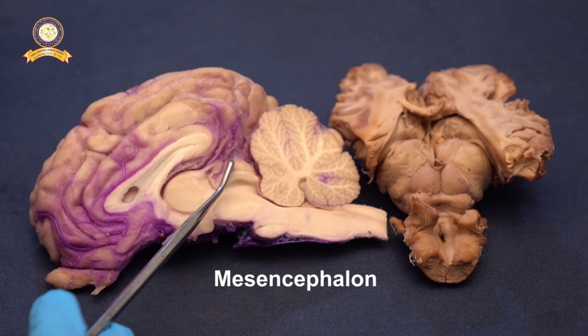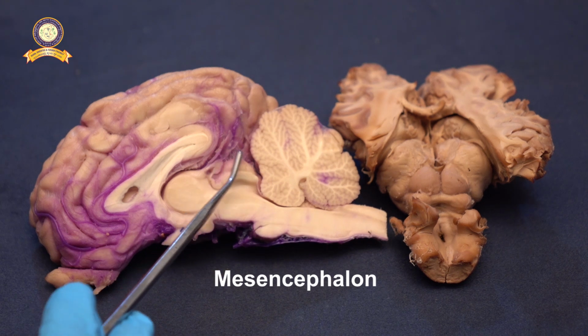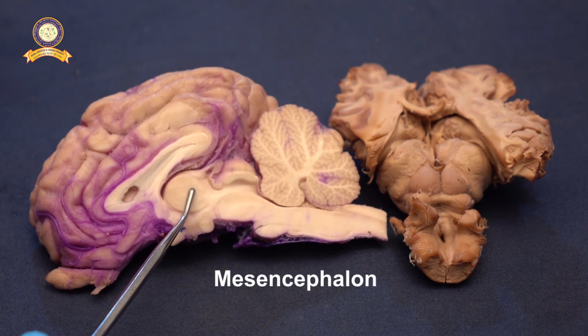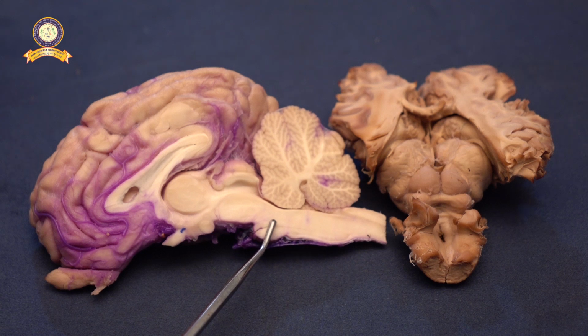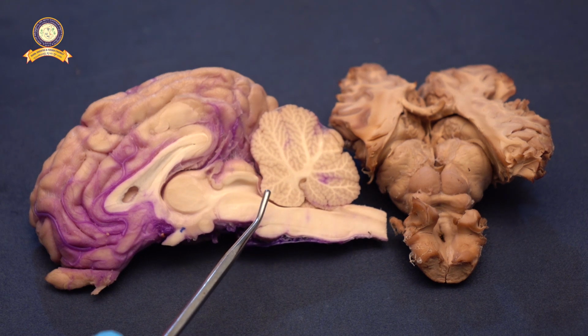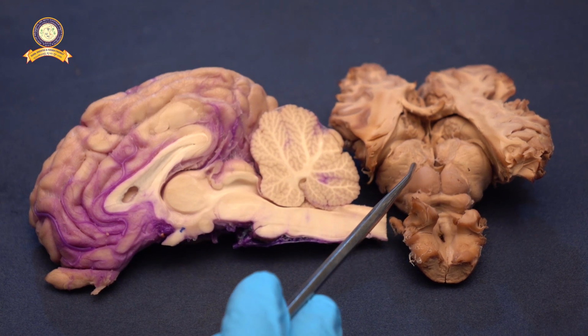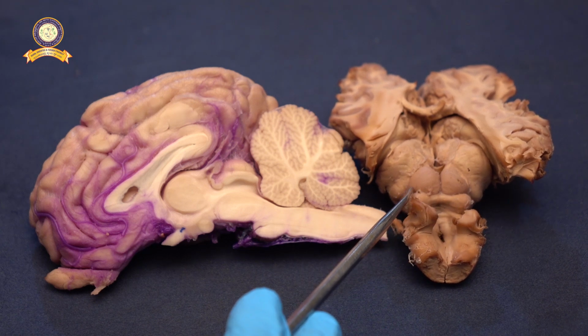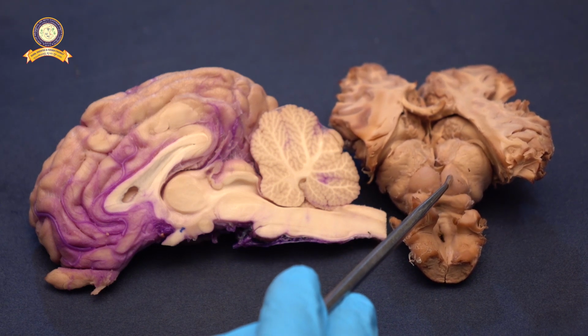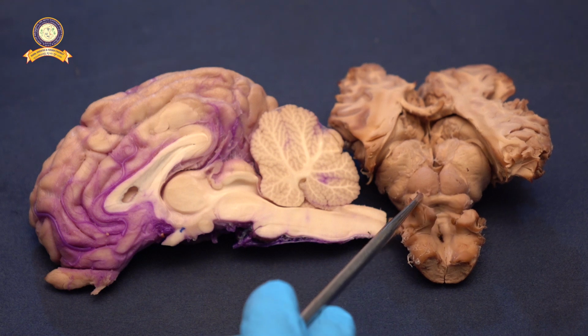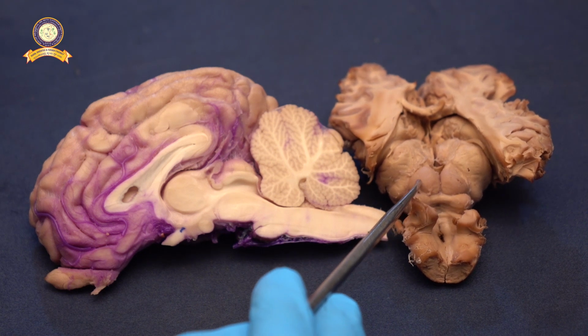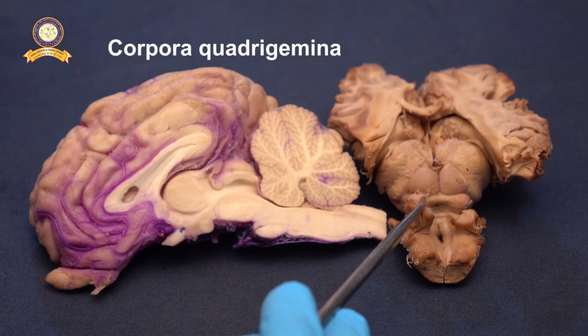Mesencephalon is a portion of the brain in between the diencephalon rostrally and the pons caudally. The roof is formed by the tectum, having paired rostral colliculi and paired caudal colliculi, together called corpora quadrigemina.